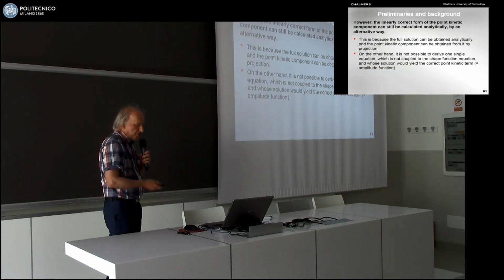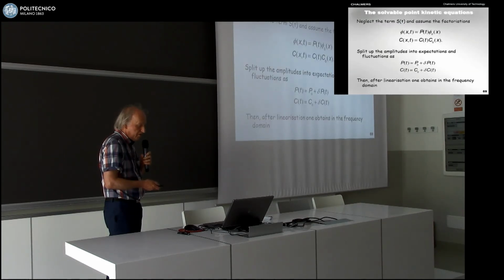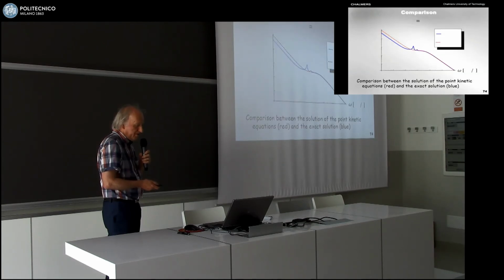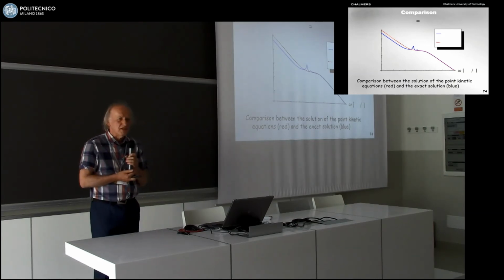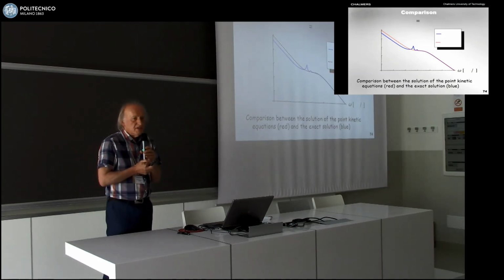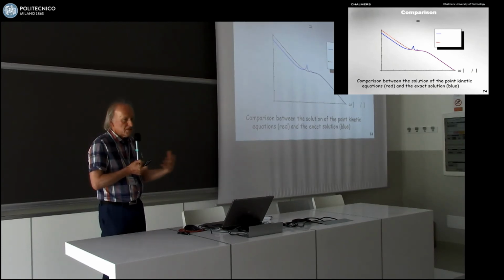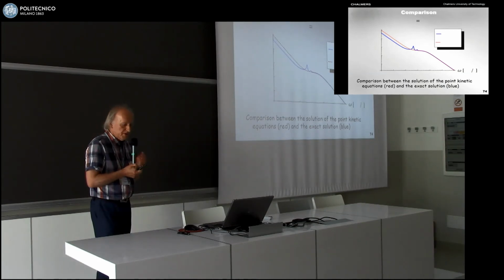So this is shown in equations, but I'm just paging over and going to the last slides, showing what someone suggested yesterday. You can still define point kinetic equations that you assume that the shape function is equal to the static flux, and then you derive the corresponding equation.